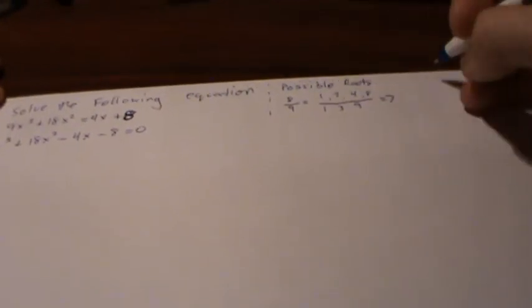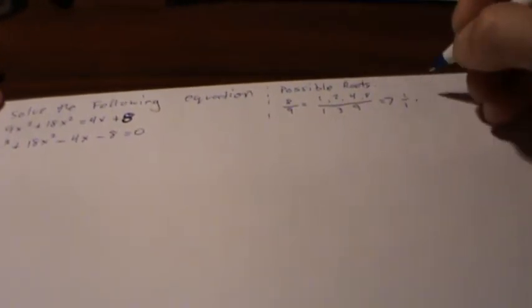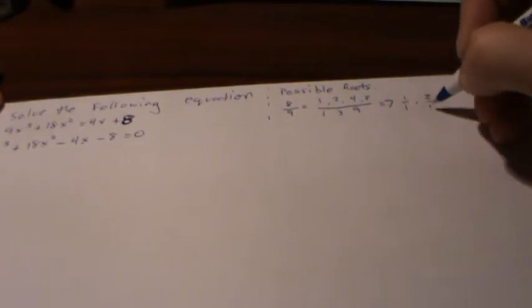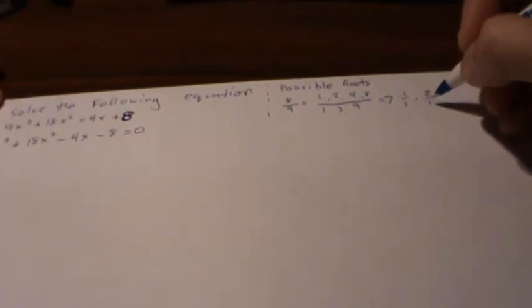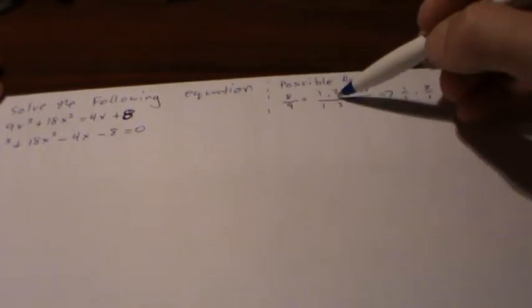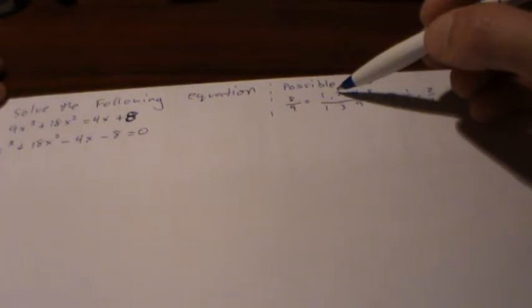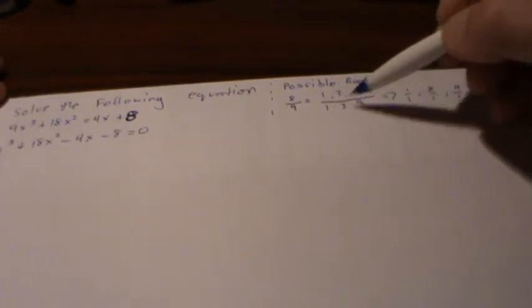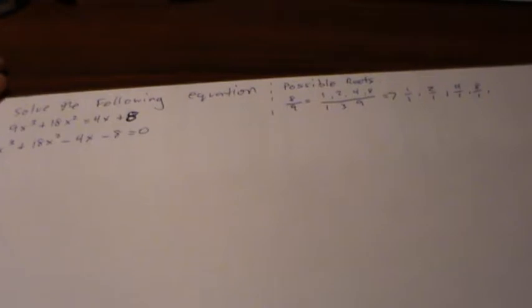And so I would write out my rational roots: 1 over 1, 2 over 1, so it's positive 1, negative 1, 4 over 1, and 8 over 1, and then again 2 over 3, 1 over 3, 2 over 3, and 4 over 3, and 8 over 3, right? But I'll write those out later.